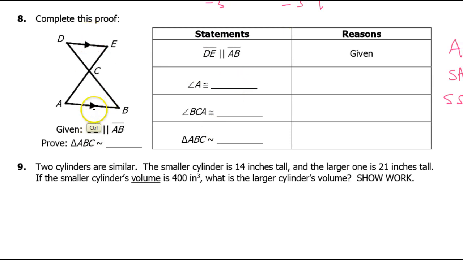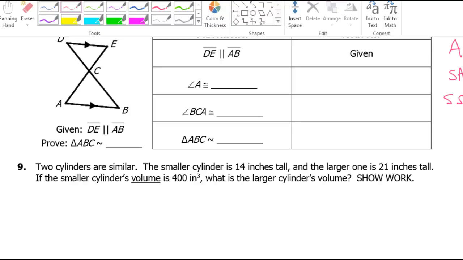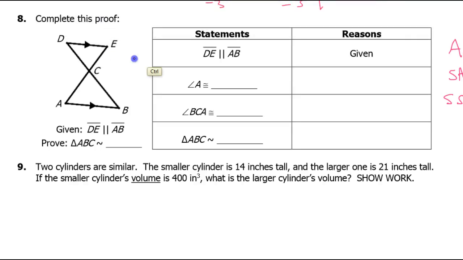So we are given that DE and AB are parallel. Notice they're not congruent or anything, they're just parallel. But parallel lines lead to congruent angles. Either we can draw a Z, and that's alternate interior angles, or we can make an F, and that'll be corresponding angles.